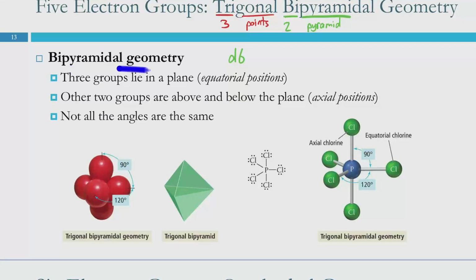So in this bipyramidal geometry, three of our groups are going to lie in the plane. They're going to be flat in our XY plane. We call those equatorial positions. On planet Earth, the equator is the waist, like the middle band of the Earth.